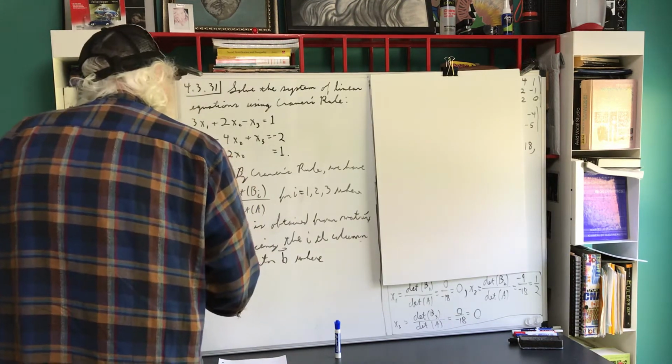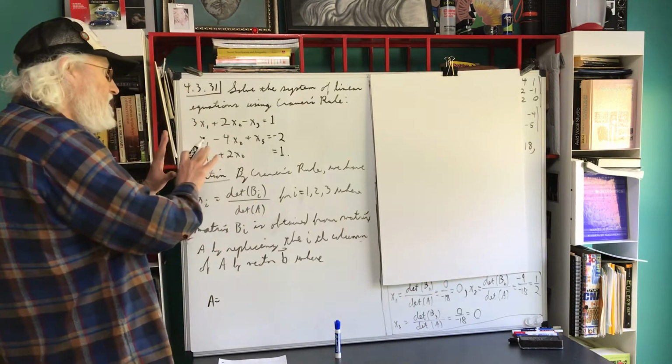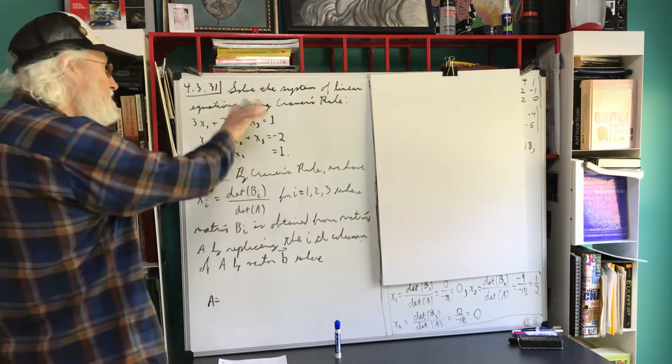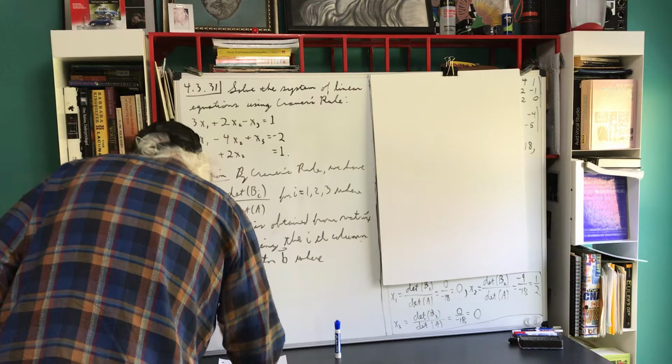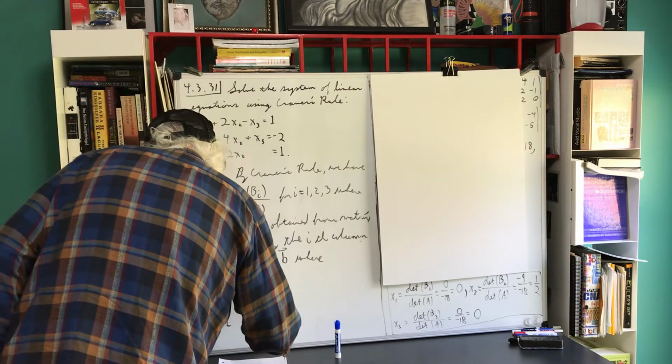So usual notation, we're thinking of this as AX equals B. The B vector is the stuff on the right-hand side. The A matrix would be the matrix of coefficients.